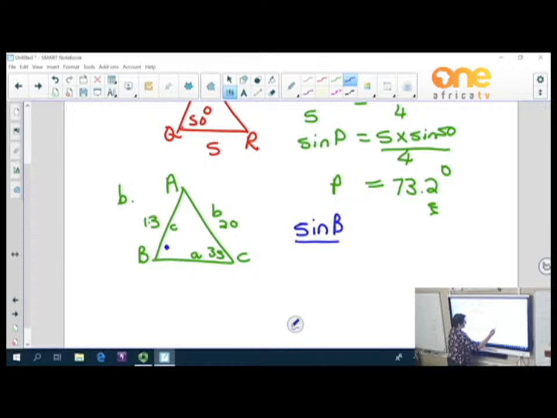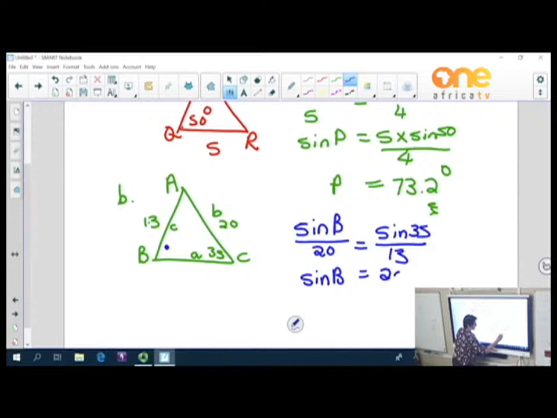So sine B, which one is opposite here? 20, is equal to sine 35 over 13. Opposite sides and angles. So you want sine B. So this is going to be 20 times sine 35 divide by 13.